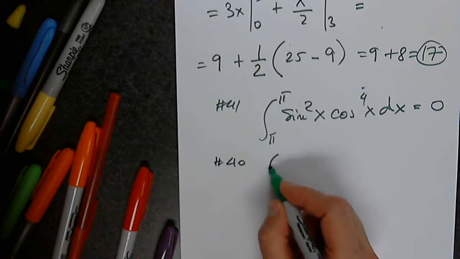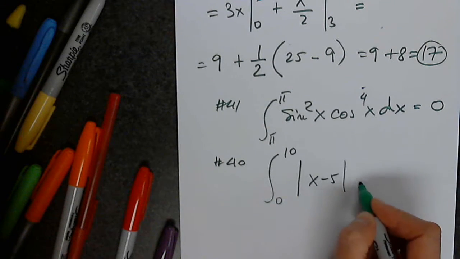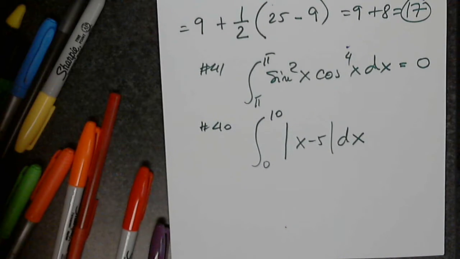I would like to determine problem 40, which is the integral from 0 to 10 of the absolute value of x minus 5 dx. How do I handle this? You break it into partial, into two functions, exactly.